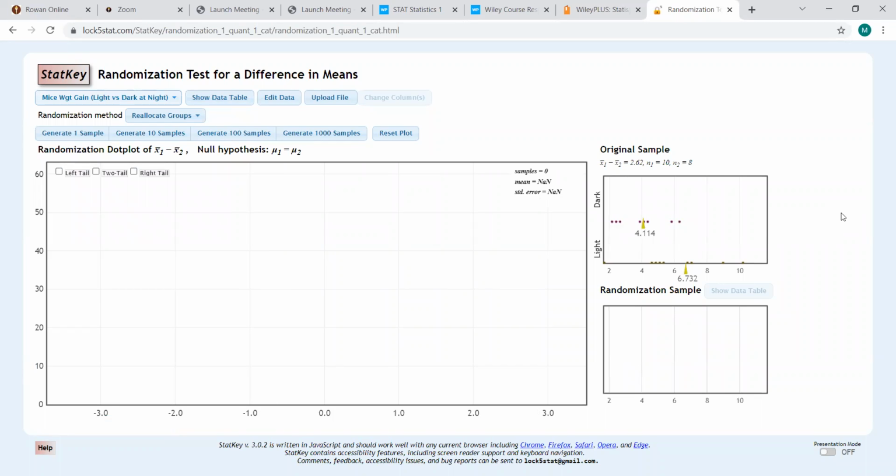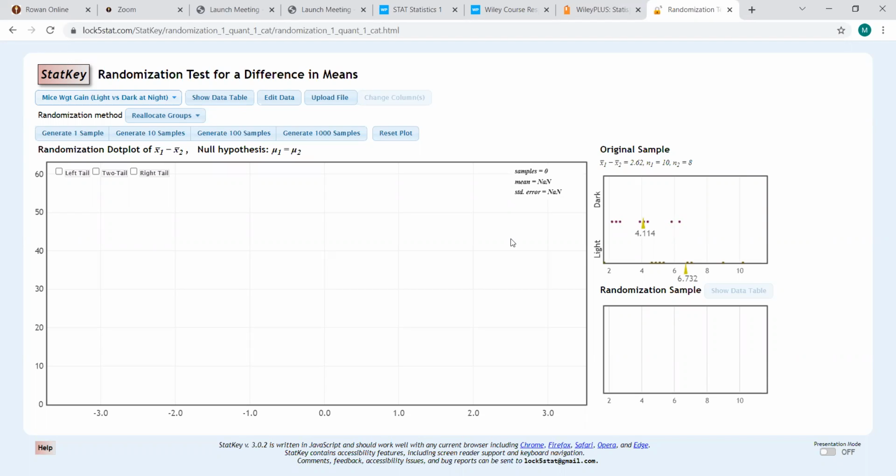And our null hypothesis is that there's no difference between the two groups. So we're going to subtract the light group minus the dark group. And for the sample, the difference in the two means looks like 2.618, right? That's the difference between those two averages.